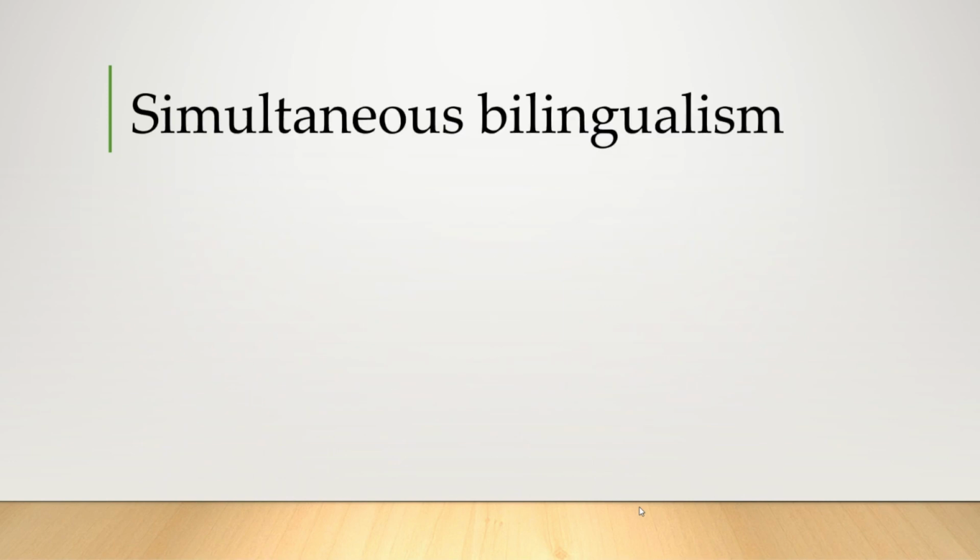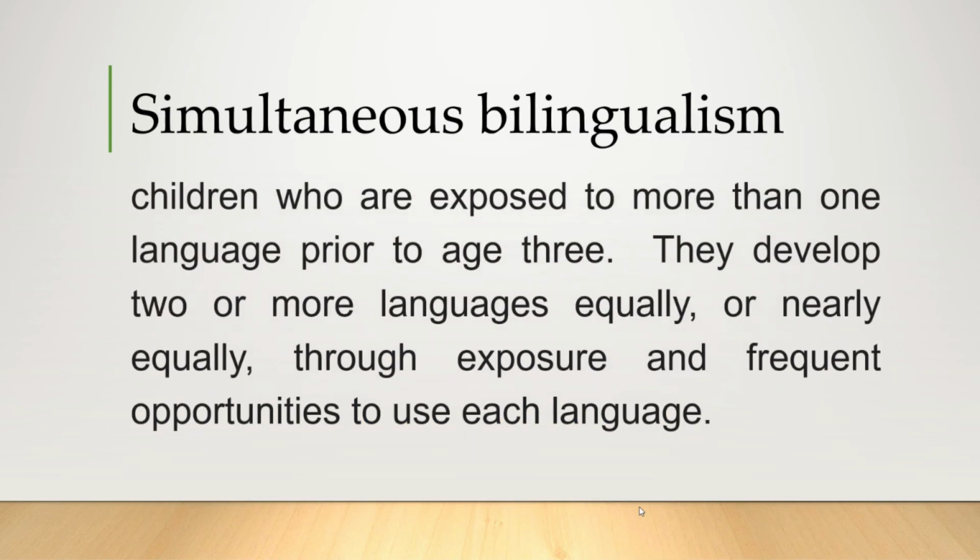Let's have simultaneous bilingualism. This is where children who are exposed to more than one language prior to age 3 develop two or more languages equally or nearly equally through exposure and frequent opportunities to use each language.